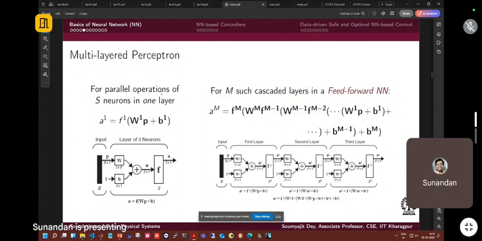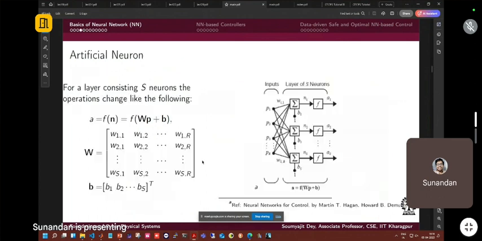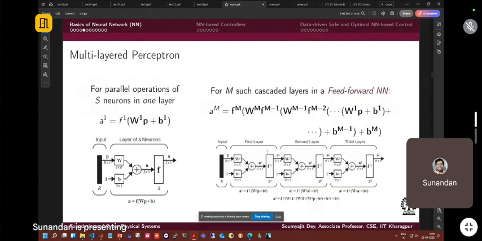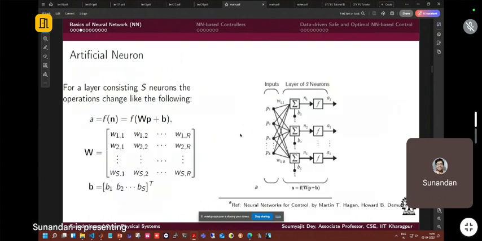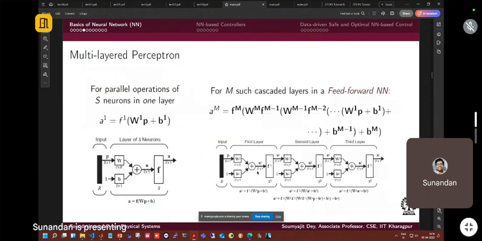Since these are basically matrix multiplications, we can do them in parallel using a parallel architecture like a GPU. For M such cascaded layers, we get a feed forward neural network, and the output looks like this. That is basically repetition of the same operation for each of the M layers.